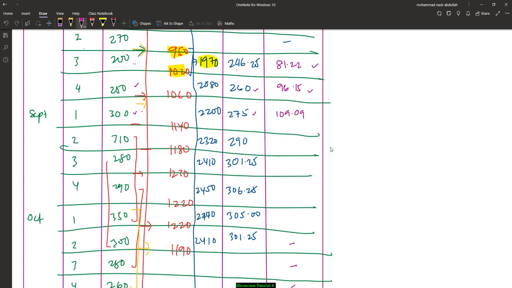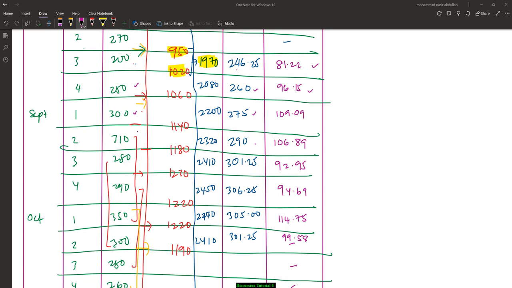You need to multiply by 100. 310 divided by 290, this one is 106.89. This is 92.95, 94.69. This is 114.75, and the last one is 99.58. Okay, can you get the same answer?